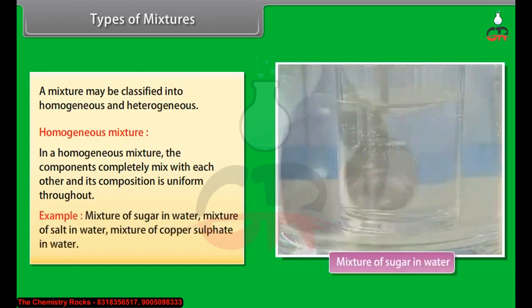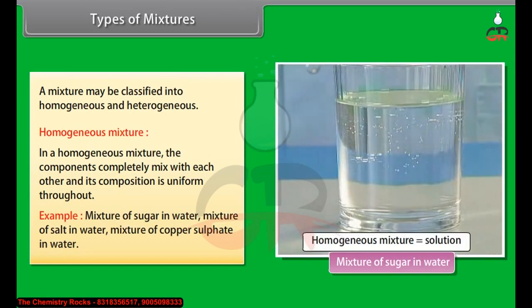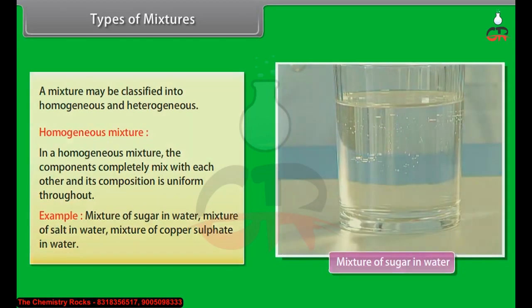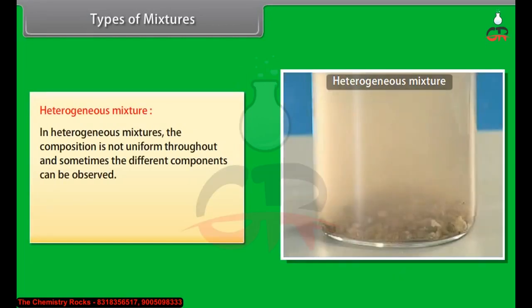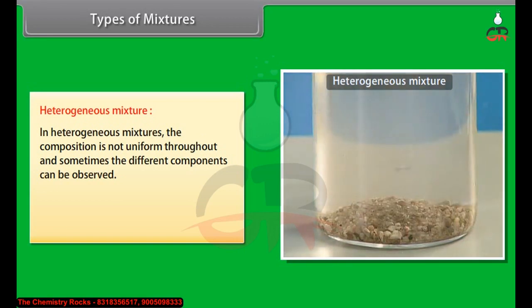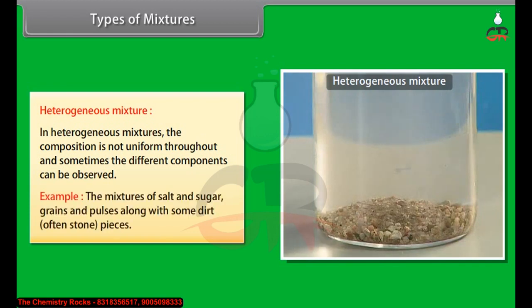Example, mixture of sugar in water, mixture of salt in water, mixture of copper sulfate in water. Heterogeneous mixture. In heterogeneous mixtures, the composition is not uniform throughout and sometimes the different components can be observed. Example, the mixtures of salt and sugar, grains and pulses along with some dirt, often stone pieces.